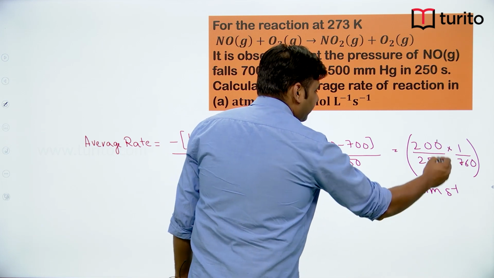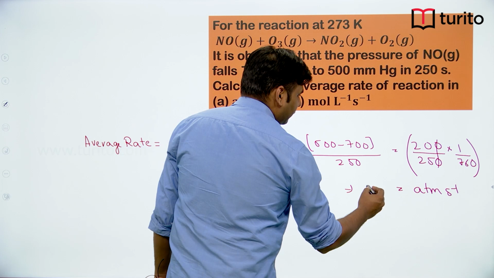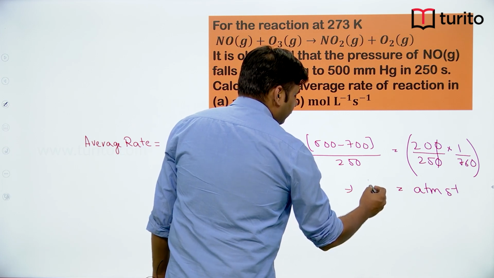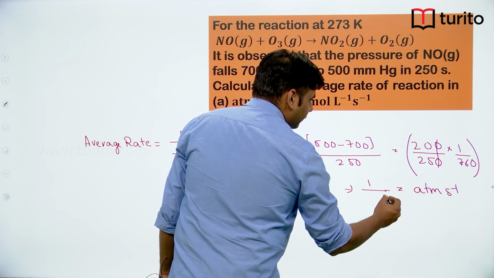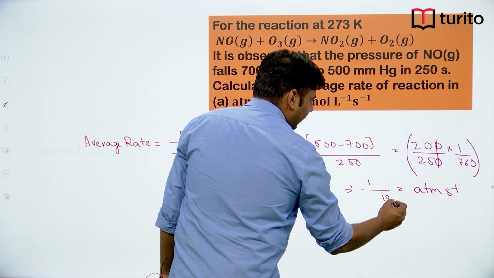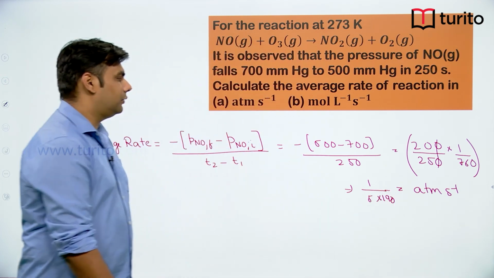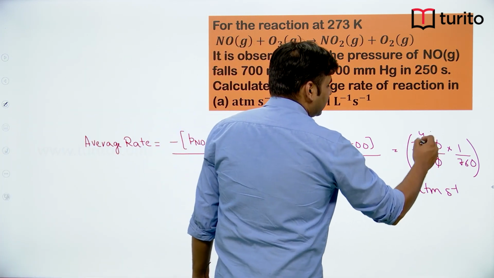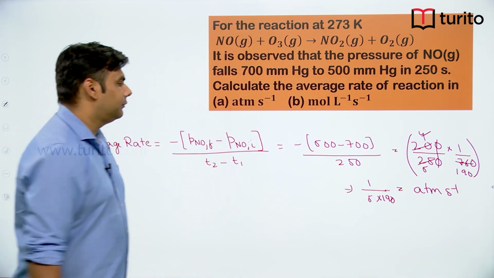So this is 4445, so basically this is 1 by 4, ones are 4, 3, 190 into 5. Okay, I think this is the calculation over here, because 5 4s are 5 5s are, and this is 190. Okay, so basically this is the answer in atm per second.